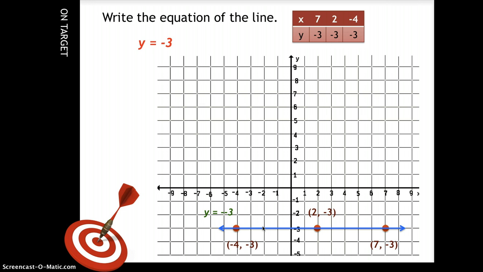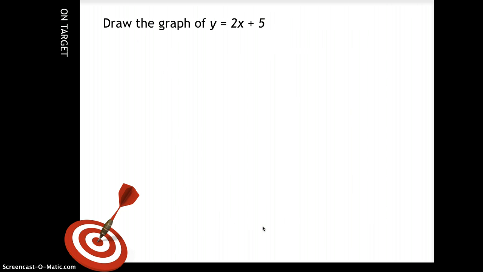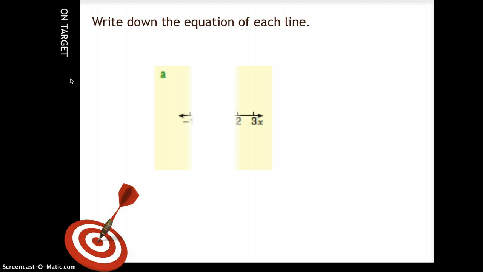Now let's check your understanding of both equations, when the line is a horizontal line and when it's a vertical line. Let's write down the equation of each line. Given this graph, the line is parallel to the y-axis.